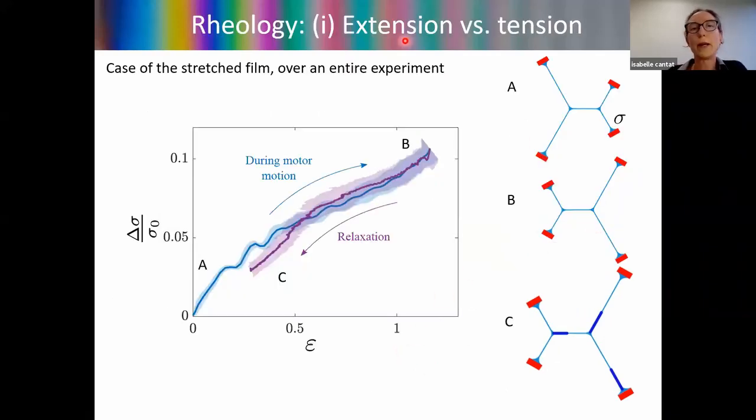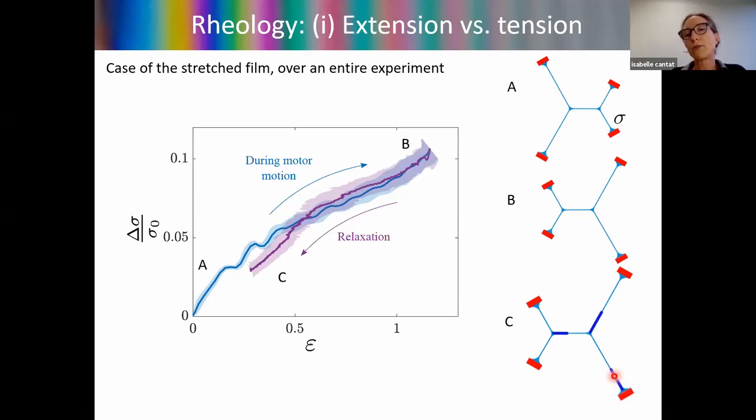So now I have these two quantities. I can begin to make rheology by plotting a force as a function of a deformation. So here you see the variation of tension in the stretched film during the deformation. You begin at the point A, which is this situation, and then you stretch, you move the motor, you stretch the film, which reaches the point B, and then the motor stops, but the Frankel film keeps growing.